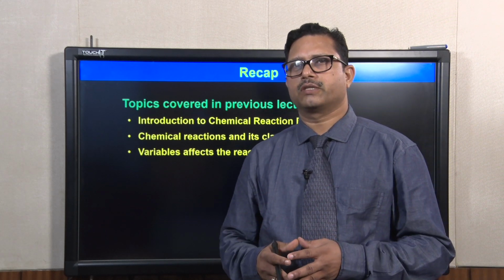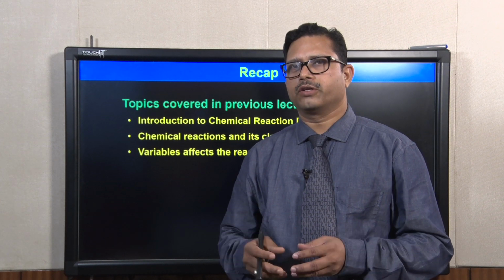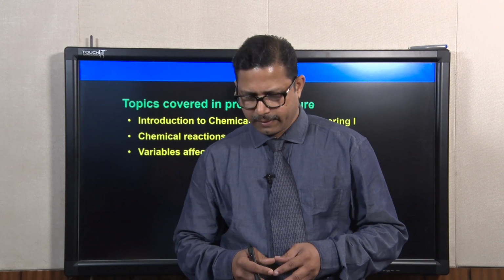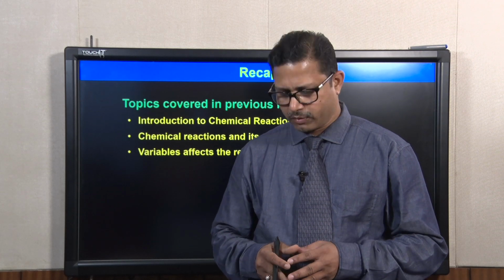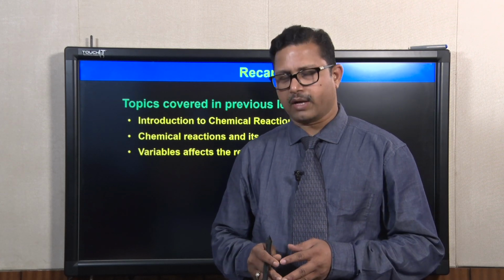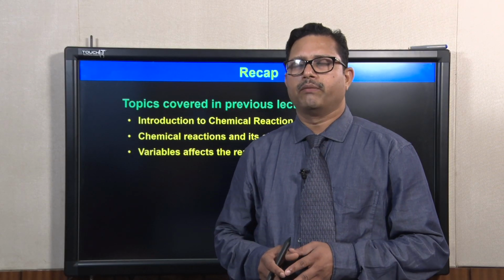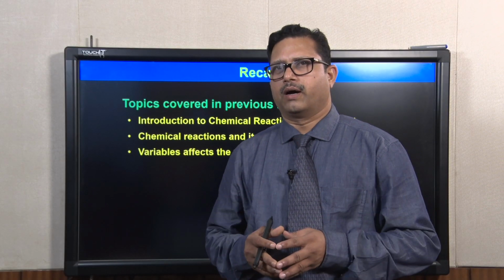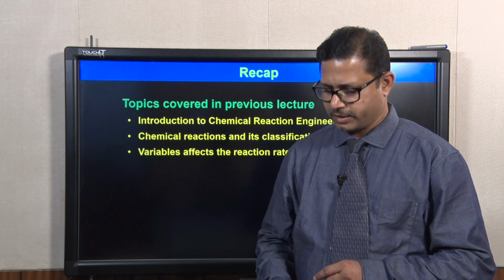In the case of homogeneous reactions, we saw that temperature and concentration are the major variables which influence the rate of chemical reactions. In the case of heterogeneous reactions, the parameters are temperature, pressure and composition. In addition to that, we have seen that heat and mass transfer effects also affect the rate of chemical reaction.